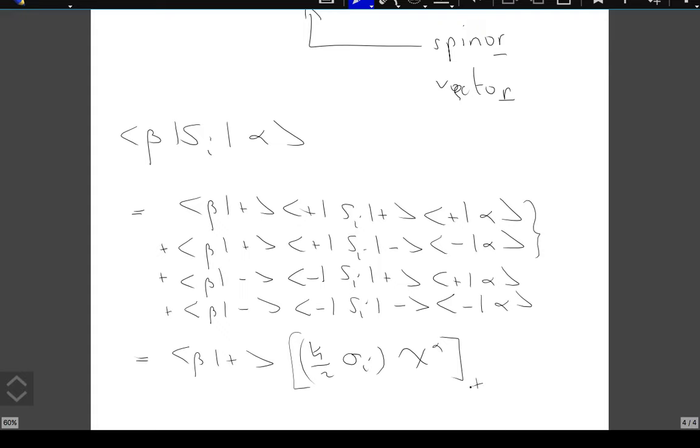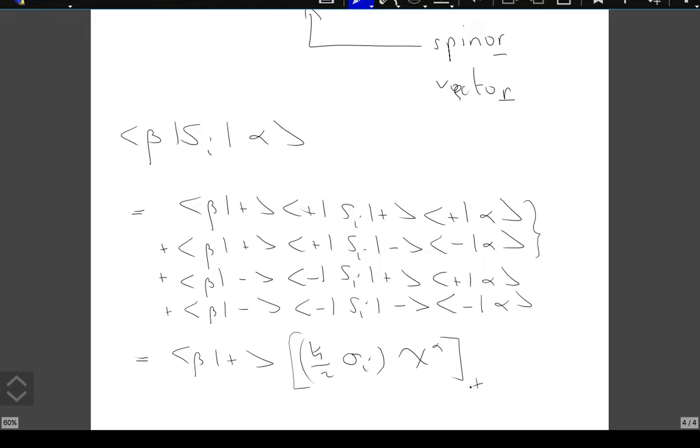You see, h bar over 2 sigma I is a 2 by 2 matrix. Chi is a column matrix. So if you multiply a 2 by 2 matrix with a dimension 2 column matrix, you get a column matrix. So that expression in square brackets is a column matrix, and we are looking at one of the components. The plus component is the top component.